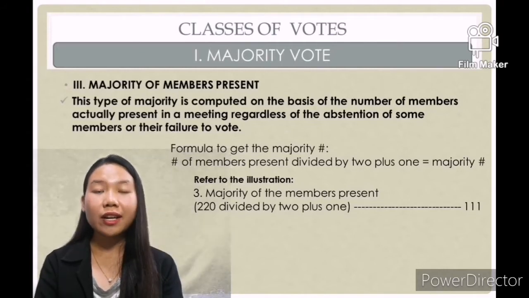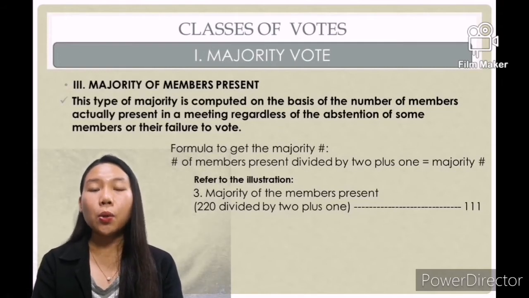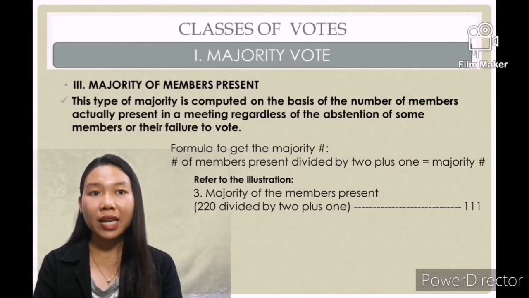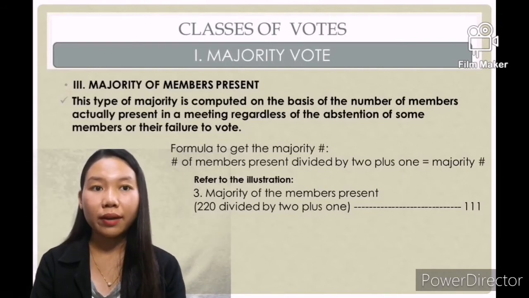Number of present members, 220, divided by 2 plus 1, the majority number for this type of majority vote is 101.